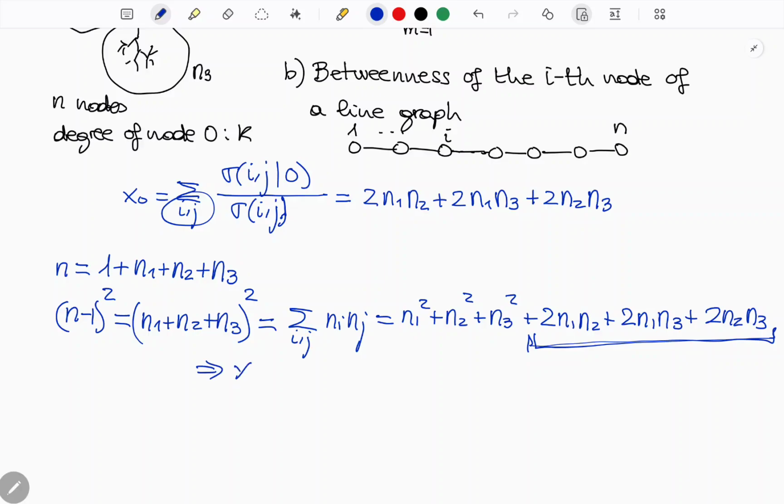So the betweenness centrality of node 0 in this case is going to be n minus 1 squared minus the squares of all these nodes, okay?